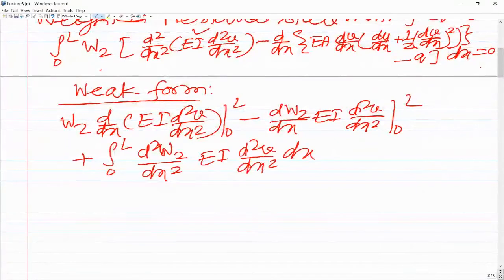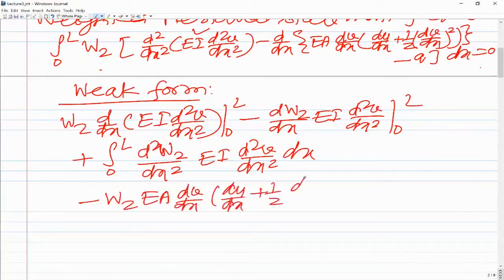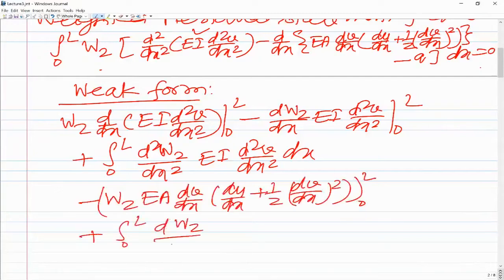Then for the second term, as I said, we need to do the integration by parts once. So the boundary term would be minus w2 EA dv by dx into du by dx plus half of dv by dx whole square, evaluated at 0 and L, and then minus minus plus integration 0 to L dw2 by dx, the derivative of the first function and the integration of the second.